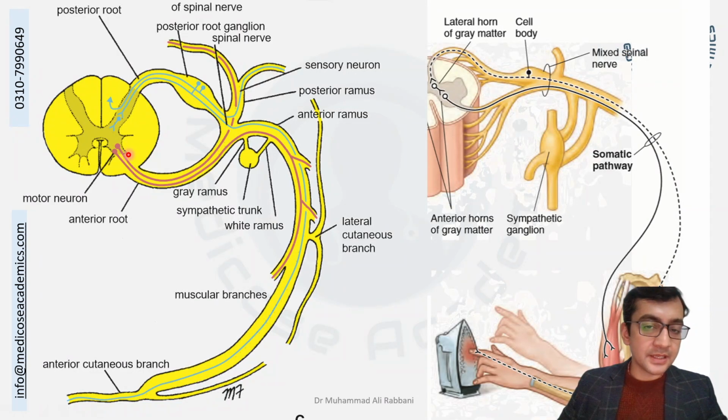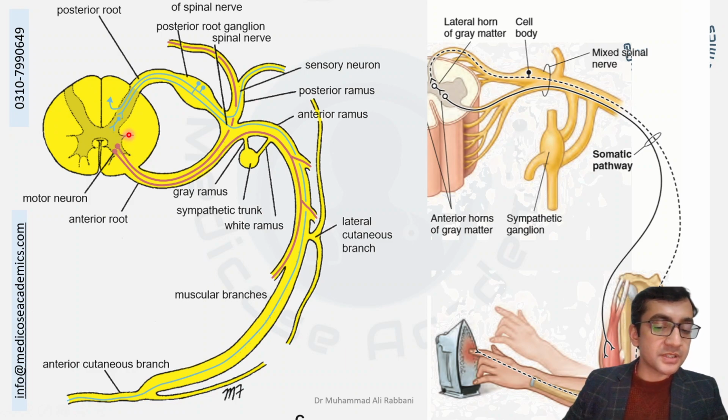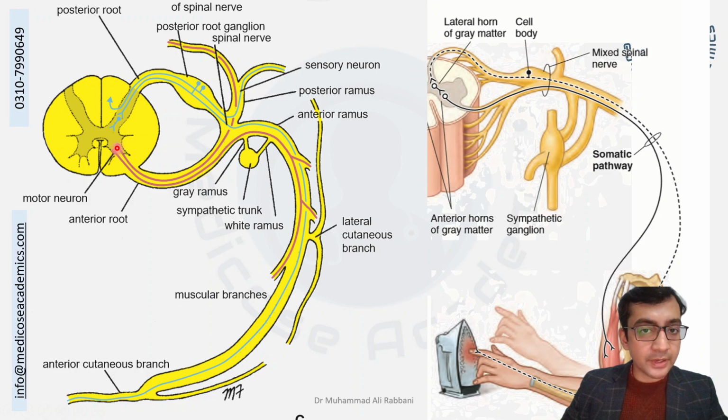Now this is the same formation shown in a different picture. This is a picture from Snell's Clinical Anatomy by Regions. From the ventral root, the cell bodies are present inside. The motor root emerges containing the signals going away from the cell body, shown by the red color here. And on the back, there are incoming fibers whose cell bodies are present outside, the unipolar ones, in the dorsal root ganglion.